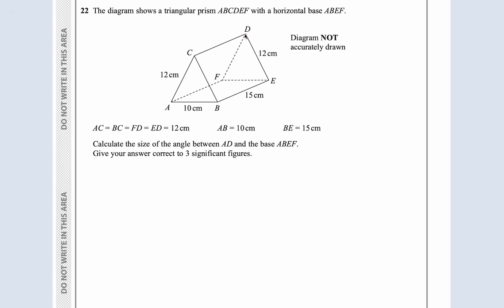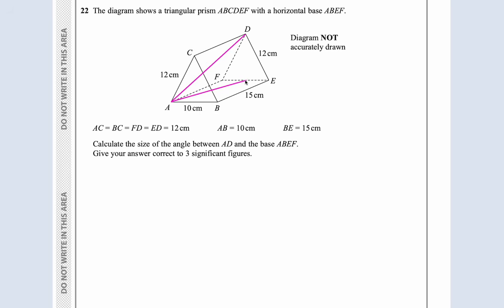So the angle between AD there and the base. Now, when you're getting an angle between a line and a plane, or a base in this case, you go down to the plane and then you go back. You have to go back to directly under the point where you came from. So it has to be there.